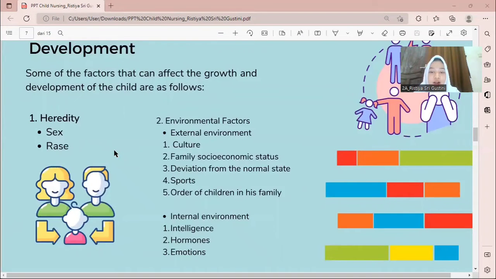Of course, environmental factors are factors that can be managed. Meanwhile, heredity cannot be regulated anymore. One of the things that is often considered related to heredity is height. Usually, short parents will have short children and vice versa.